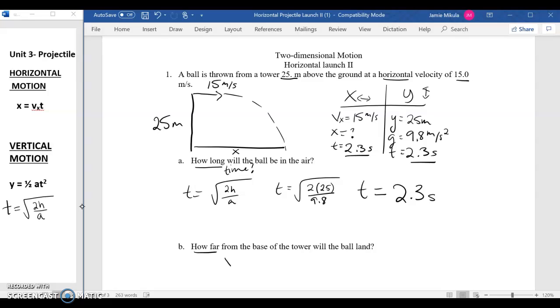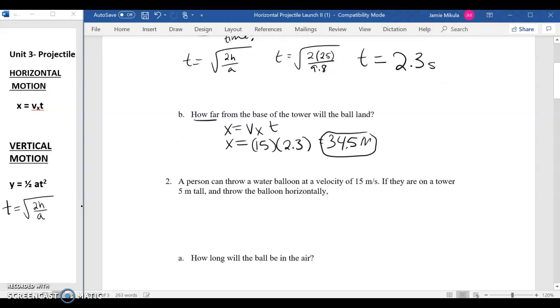So I can use this formula right here, x equals vx times t, because if I look at my 3 variables listed, that matches that formula. x equals vx, which is 15, times t, which is 2.3. When I do 15 times 2.3, I get 34.5 meters.